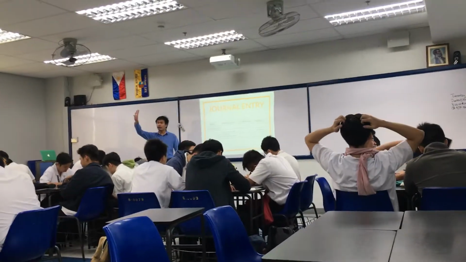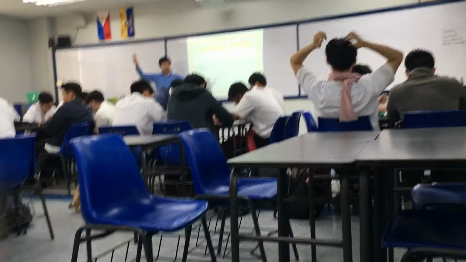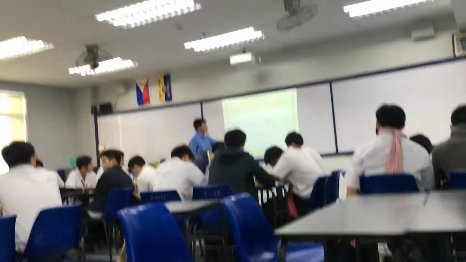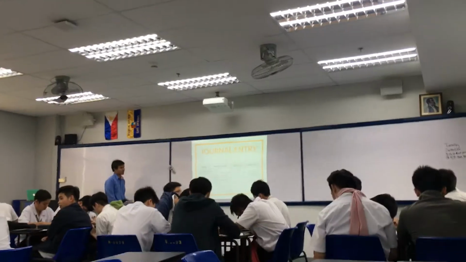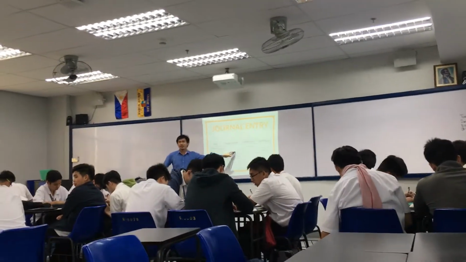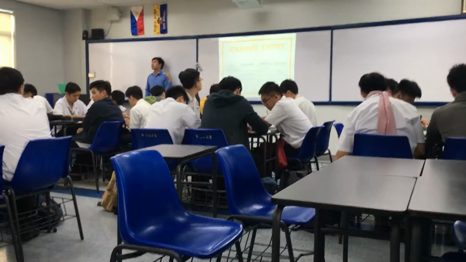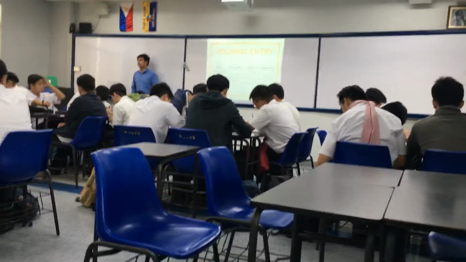So we have 4 rows, 4 columns. Date, particulars, debit, and credit. We'll discuss each component.